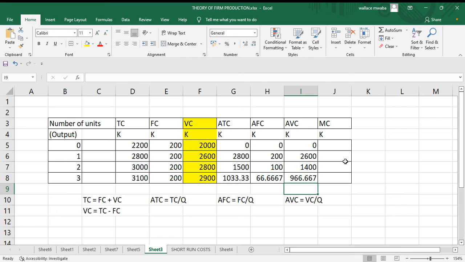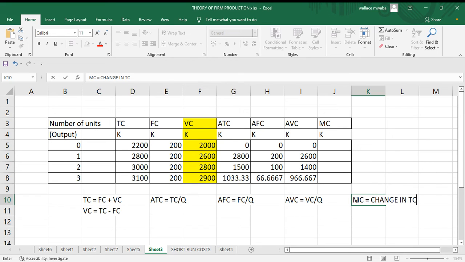Now we're going to get our marginal cost. The marginal cost is change in total cost over change in quantity. MC equals change in TC divided by change in quantity.